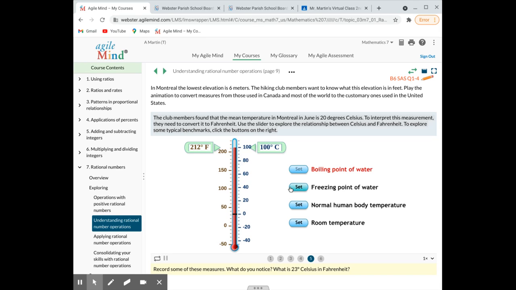Does anybody know the freezing point of water before we check it? What degrees does it start snowing? 32 degrees. Somebody just said it. Yeah, 32 degrees is the freezing point of water.